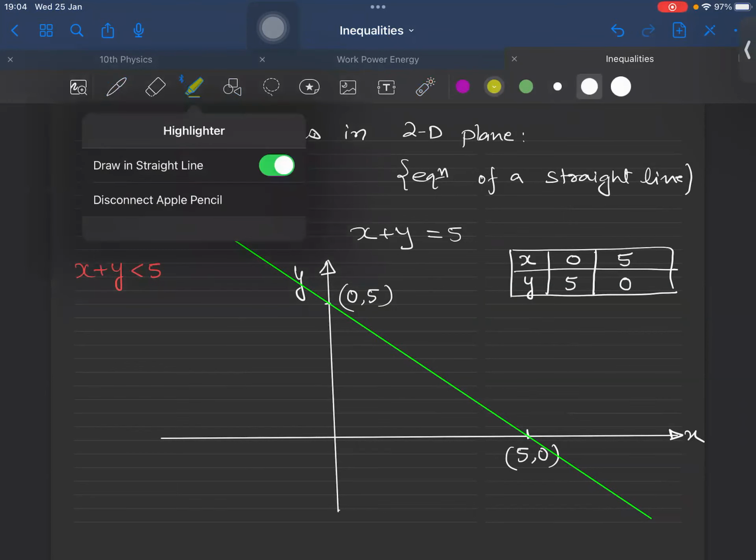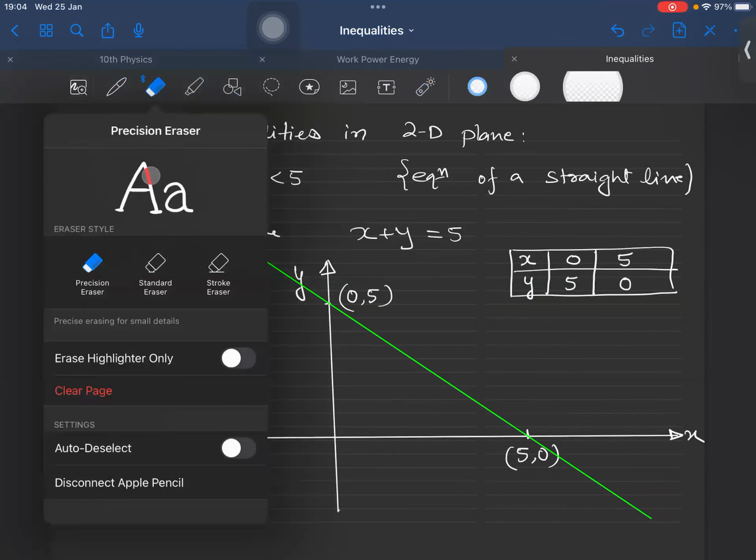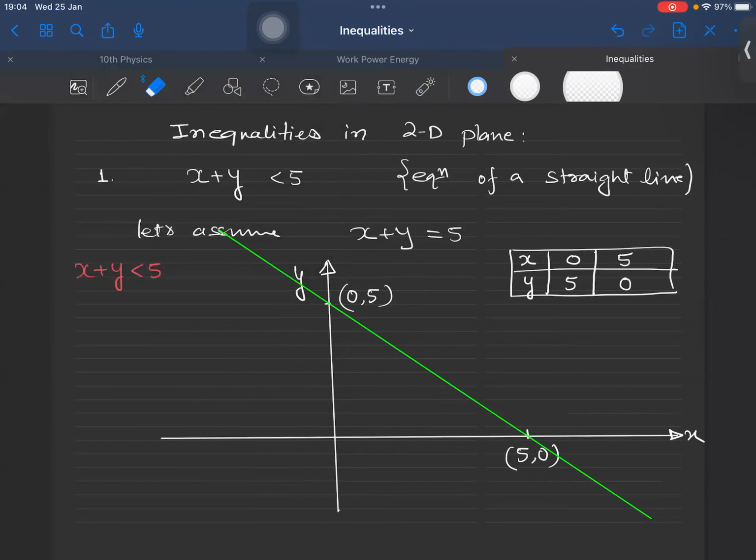I'll just try to make dots here. The dotted line represents that we'll take all the values but this value. Now it is saying that x plus y is less than 5.